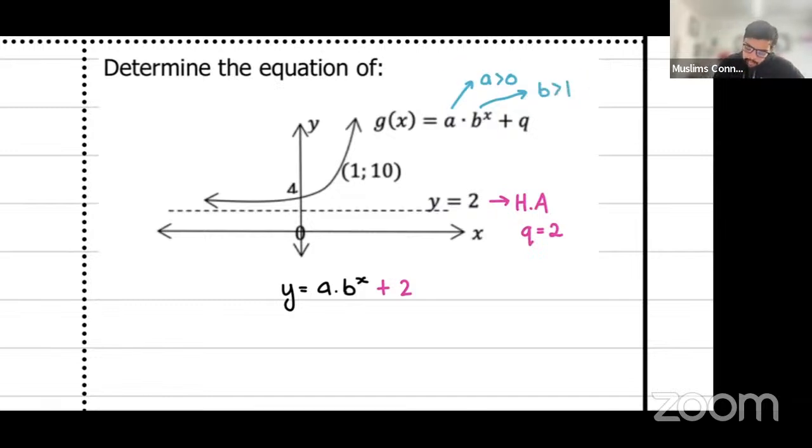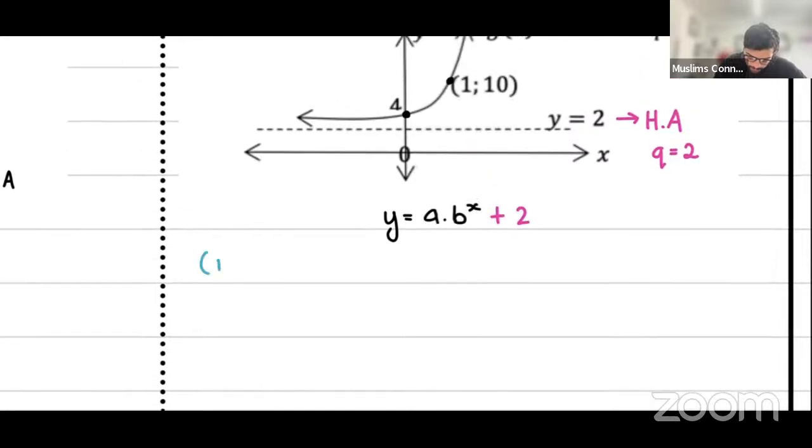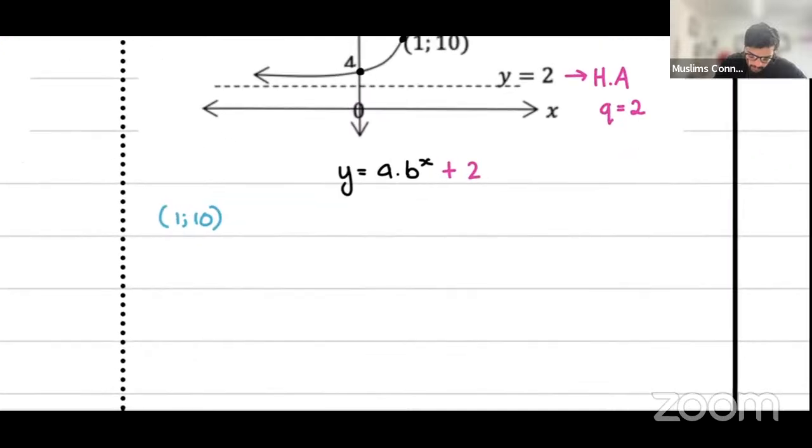In this case, we have two unknowns, a and b, but we also have two coordinates given. So let's substitute them in. Let's start with the coordinate (1, 10). We have 10 is equal to a times b to the power of 1, plus 2.